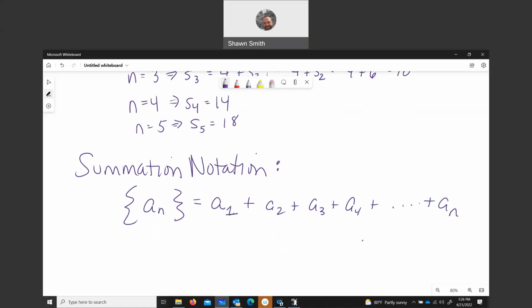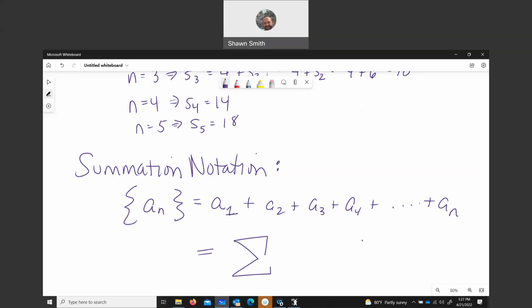Summation notation is going to be equal to the Greek capital letter sigma. You may have seen this if you've used Excel before. You want to add up a column or a row, at the end of that column you hit this little button, auto sum, of what my formula would be. In this case, this is my formula, I don't know it specifically, but here it is right here, a sub n.